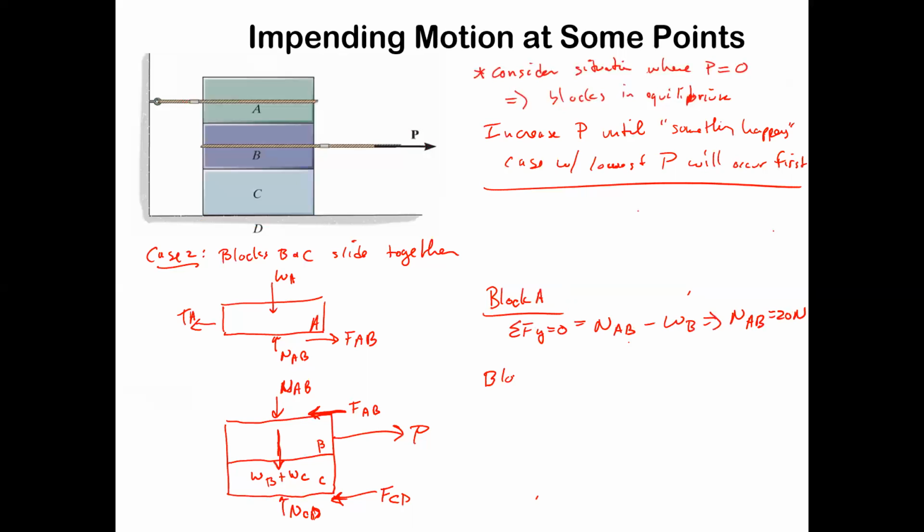And then we look at blocks B and C taken together. And we say the sum of the Fy equals 0. Again, now we've got an NCD pushing up minus the NAB minus the weight of the two blocks.